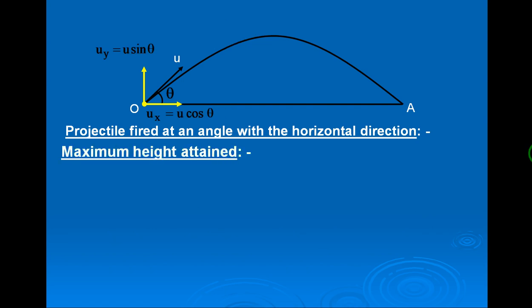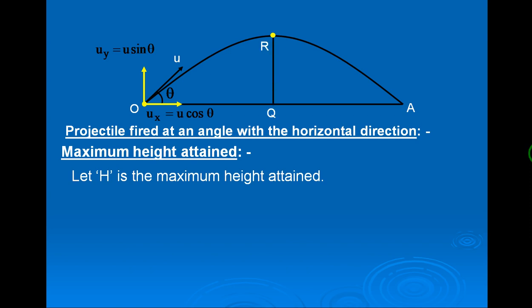Now the next topic is maximum height attained by the projectile. Let h be the maximum height attained. As shown in the diagram, the projectile is at the highest position. The maximum height will be Q in QR. QR is the maximum height attained by the projectile.